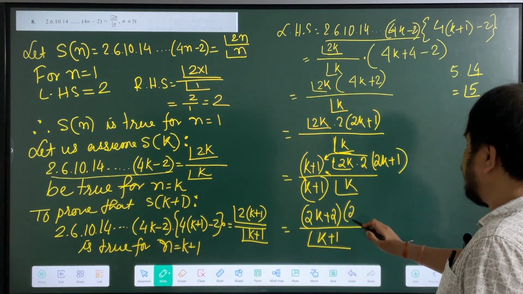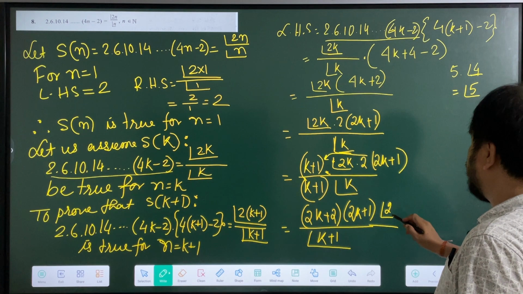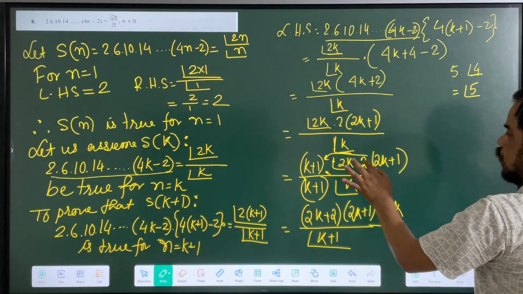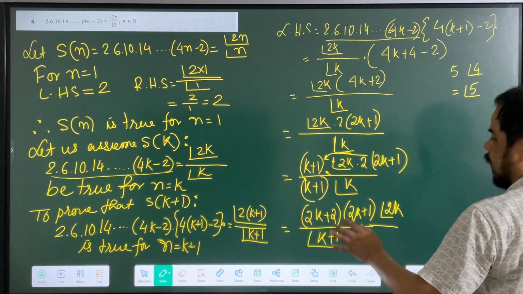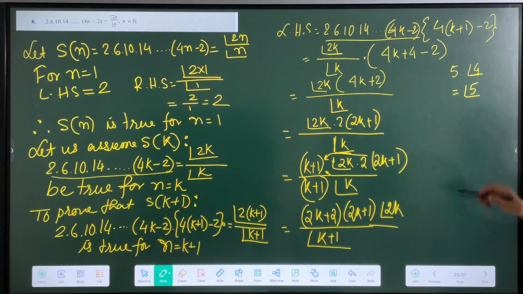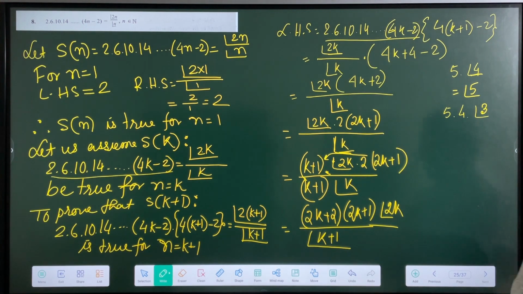Then 2k plus 1. Then factorial 2k. 2k plus 1. 2 into k, 2k plus 2. It is like this. 5, 4, factorial 3. I hope you understand.